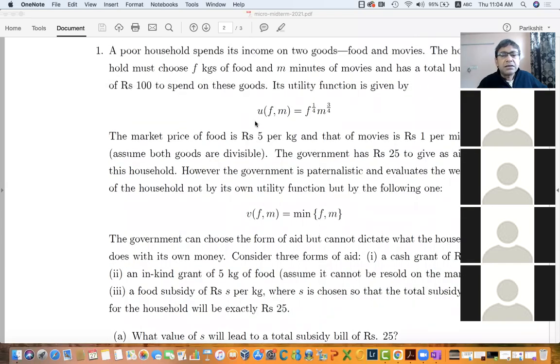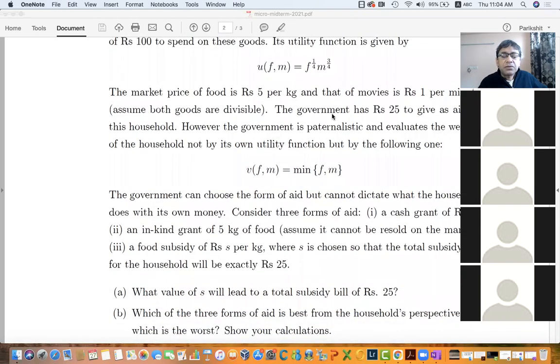The price of food and movies remains at 5 and 1. They just have an income boost to 125. You can solve the household's demands, optimal allocations in that scenario. So find the values of F and M under the cash grant.